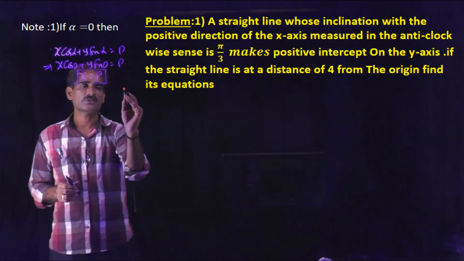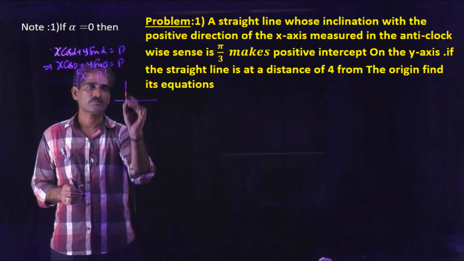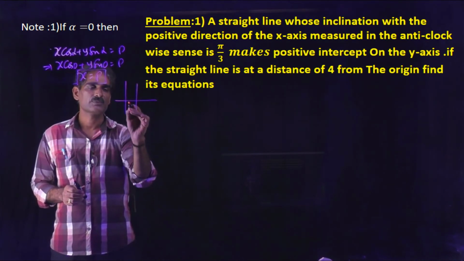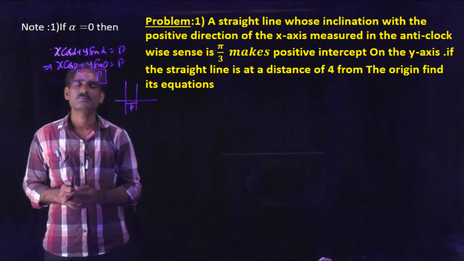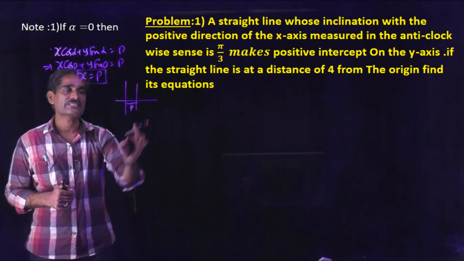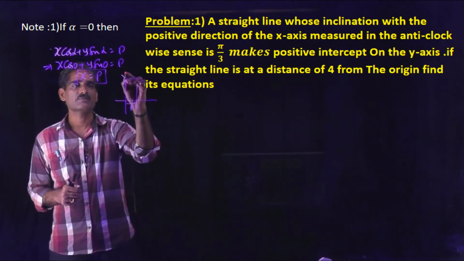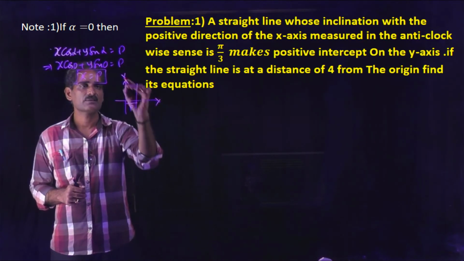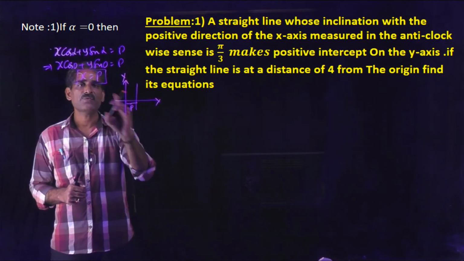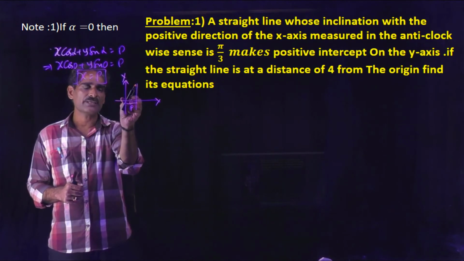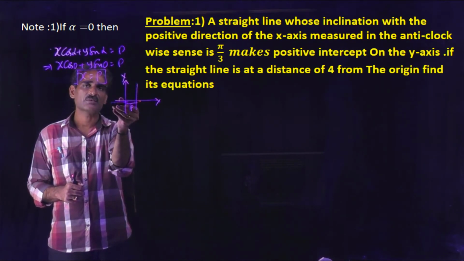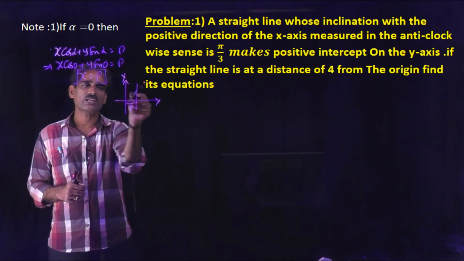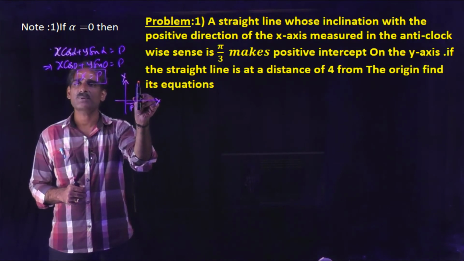So this is just like this. The length of this is equal to P. X equal to P. This is the y-axis. This is the x-axis. If alpha is 0, the normal line coincides with this one. Understand? So the line becomes perpendicular to x-axis.